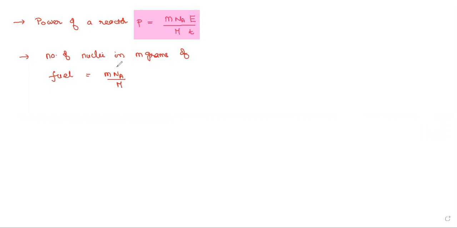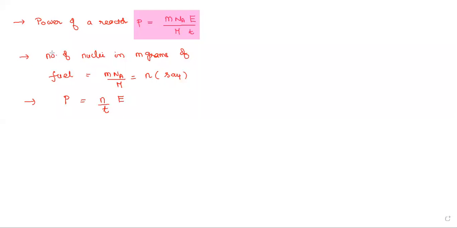If they give the number of nuclei, there is no need to calculate m into Na by M, as they will directly give it as some number N. Then for such problems, without calculating this value, you can directly use the formula for power of a reactor: P is equal to N by t, the number of nuclei undergoing fission per second, into E in each reaction. This one we calculate in words.